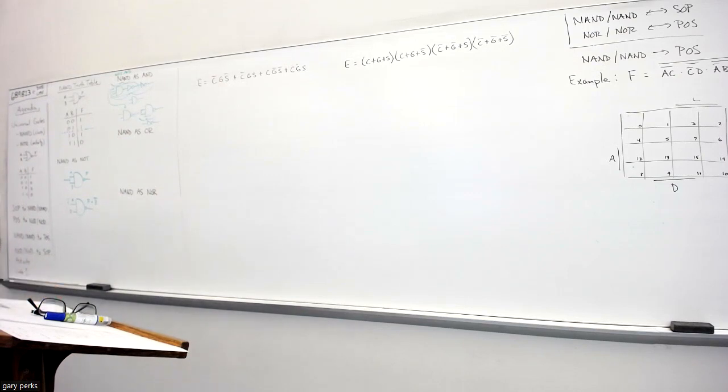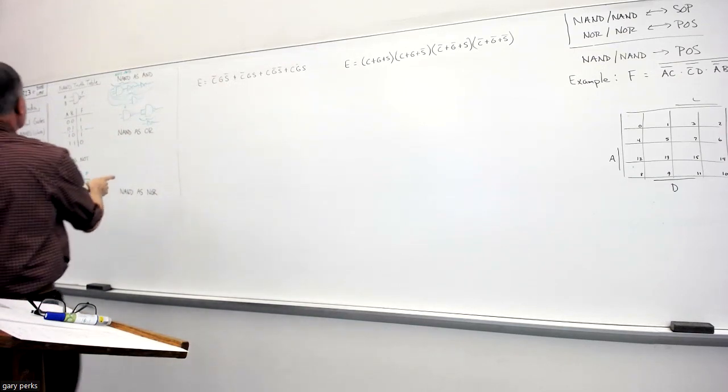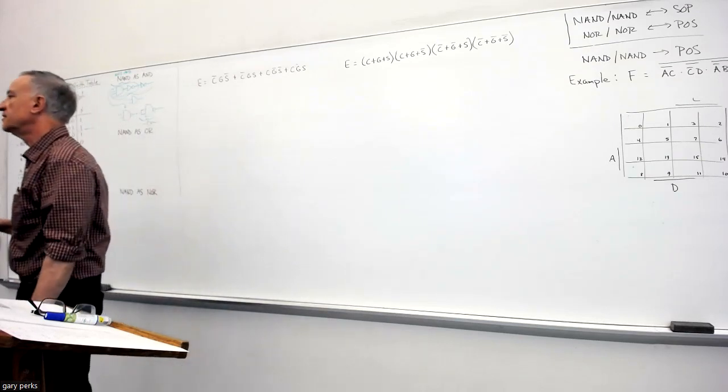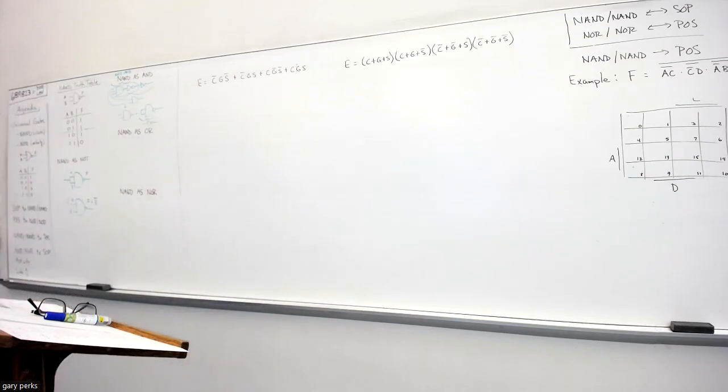There's two parts to De Morgan's. What does De Morgan say about a NAND gate? It's equal to what? An OR with, not just an OR, it's an OR with inverted inputs, right?